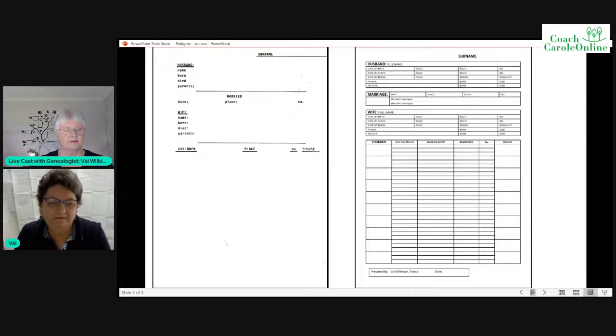With all these certificates, there's always this possibility that what you're seeing on a certificate may not be the absolute truth. With a birth certificate, for instance, you could be fairly sure that the date and place of birth is correct. You could be fairly sure that the name of the child is correct.